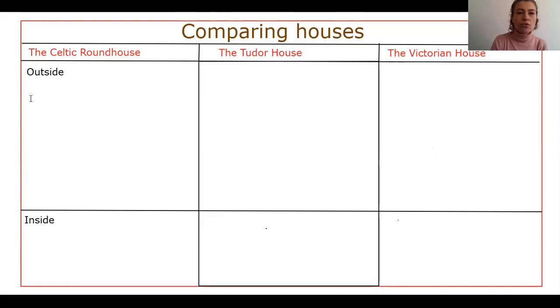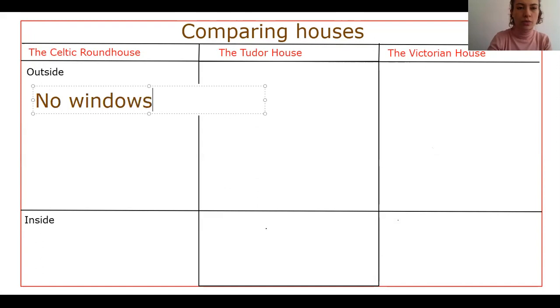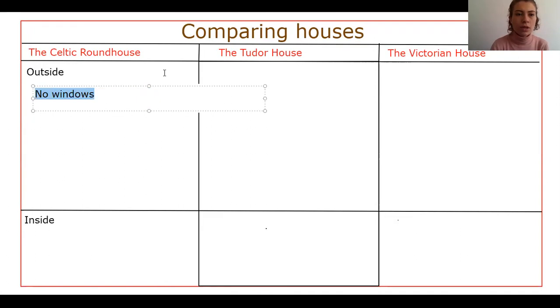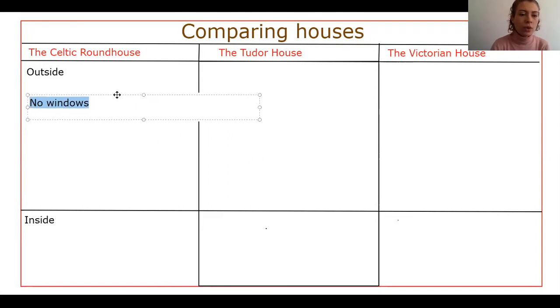roundhouse. So the first thing is the Celtic roundhouse had no windows. Great job. So no windows. Let me just write in black. Okay, so here, no windows. That's the first key feature.